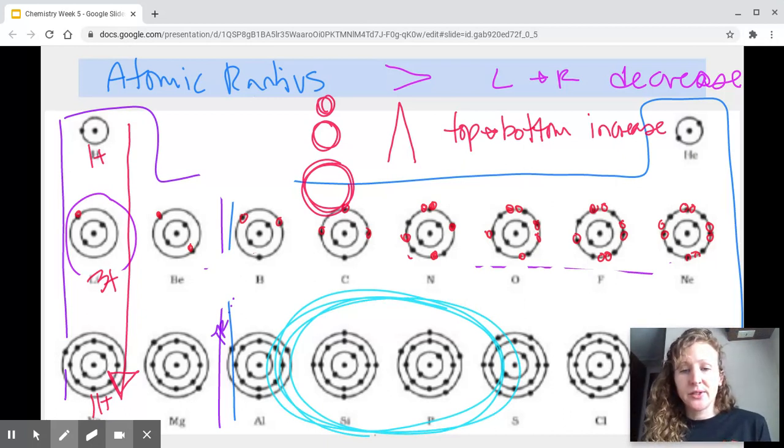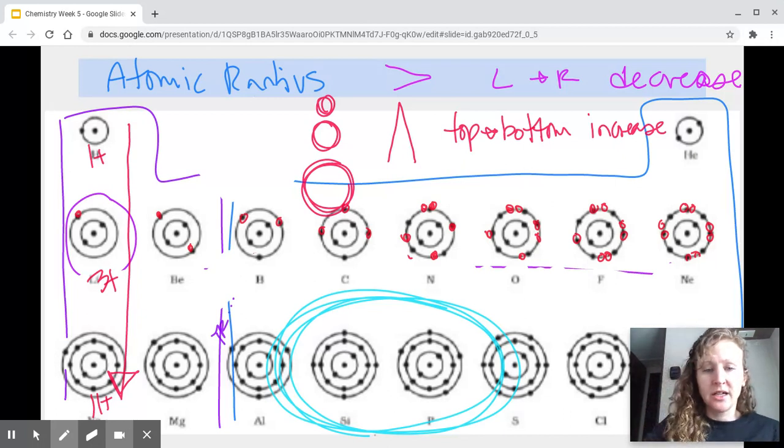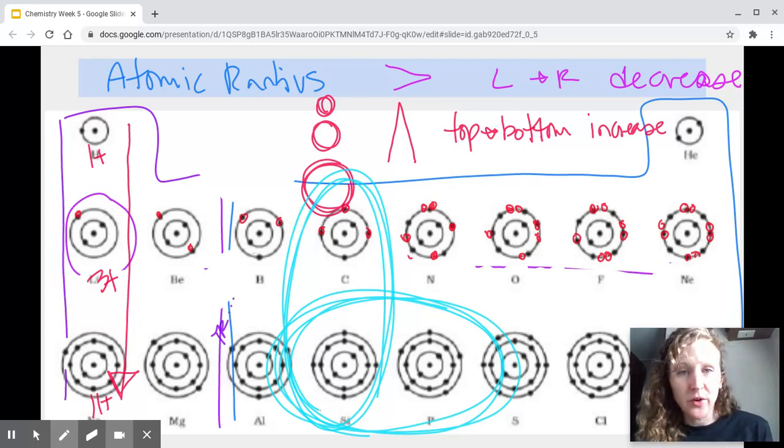And let's also do silicon and carbon. Which of those would be larger? Okay, so make those predictions. Let me know what questions you have. I will see you in class.